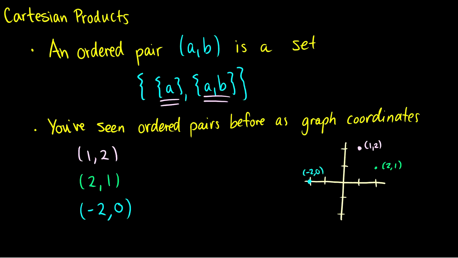But just as a very specific way of representing these points in the set definition, let's take (1, 2). This would be the set containing 1 as a singleton, and then the set containing 1, 2. And we can see that this is different from (2, 1), because if we do the set notation for (2, 1), we have the set with the singleton 2 and then the set {2, 1}.